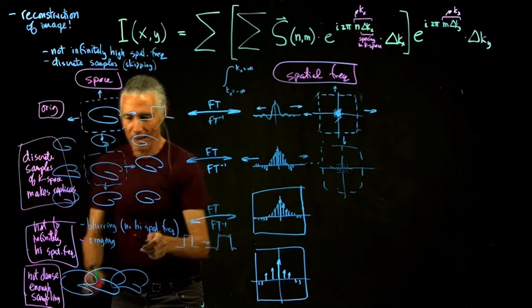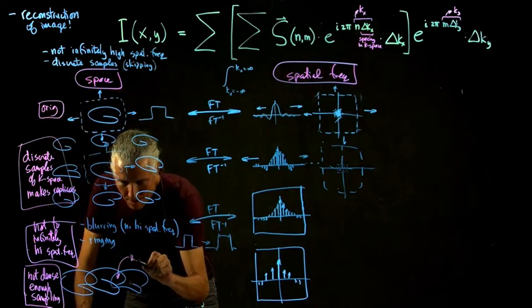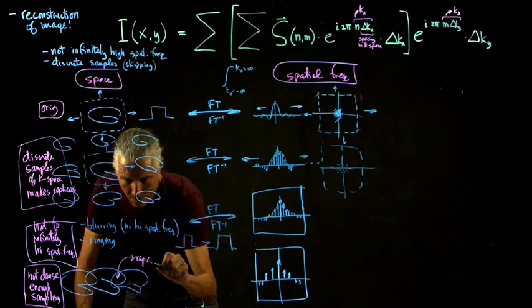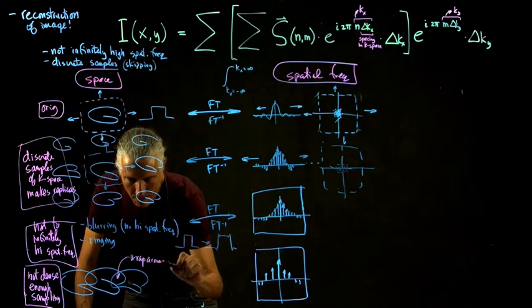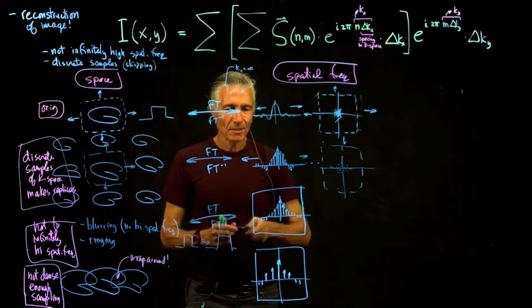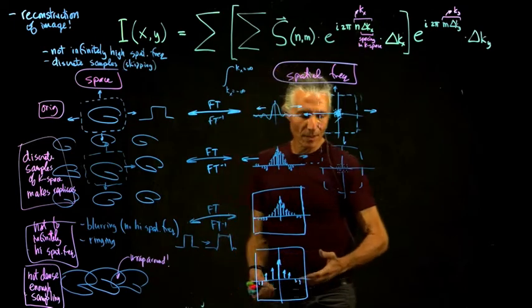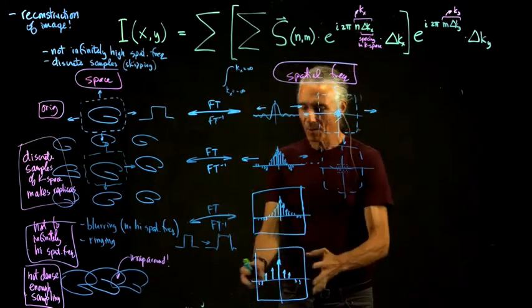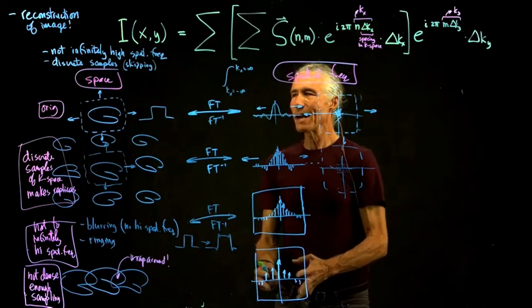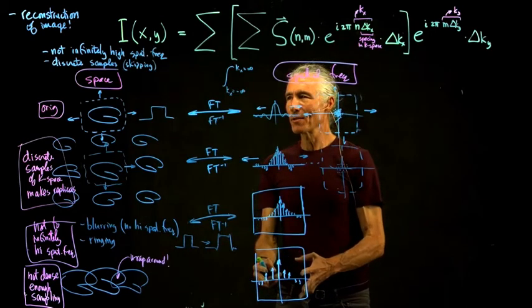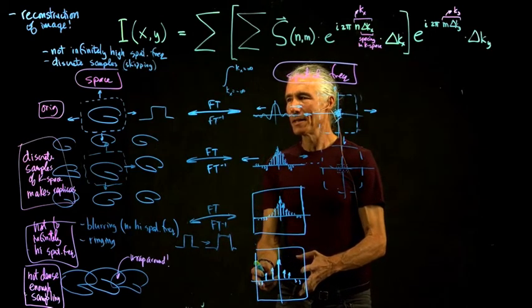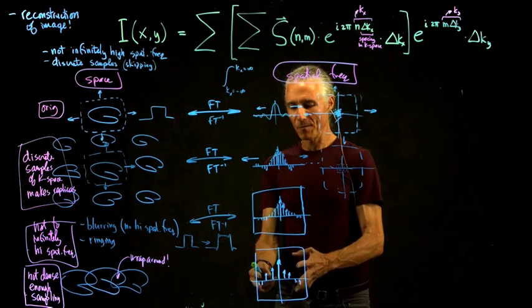And so what happens is we get wraparound. And so amazingly, that's what determines your field of view. So what does your field of view mean? Field of view means how far can we go out without running into another copy? That's really what the field of view is.